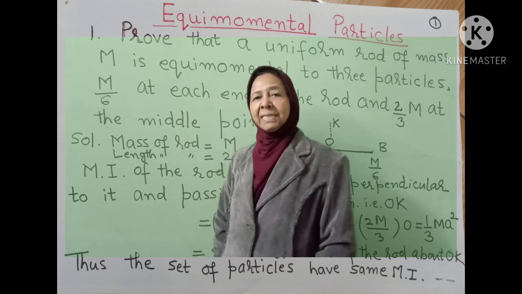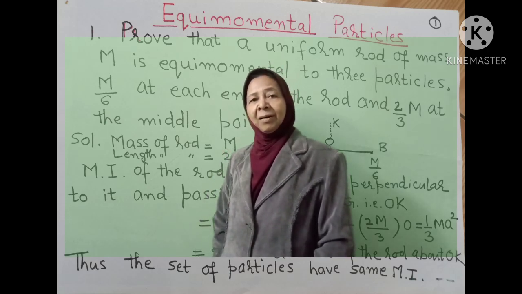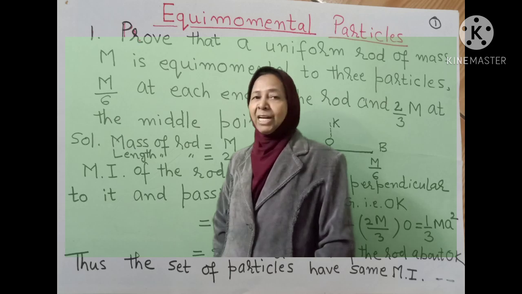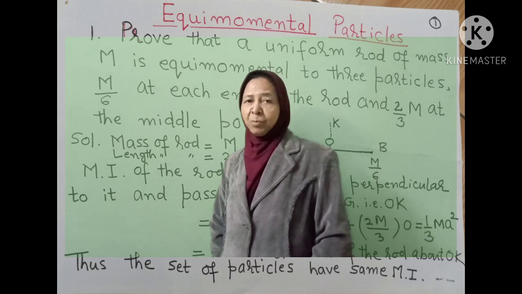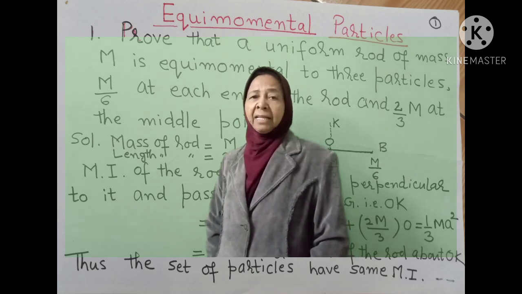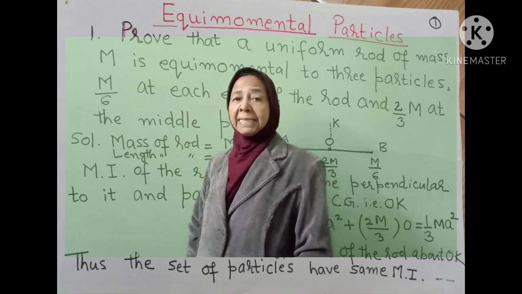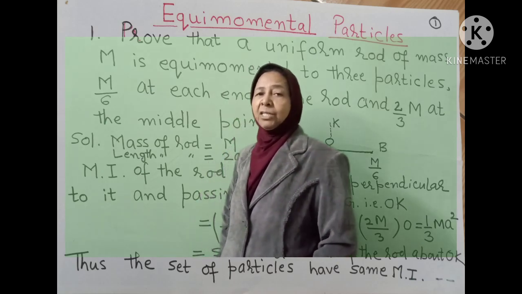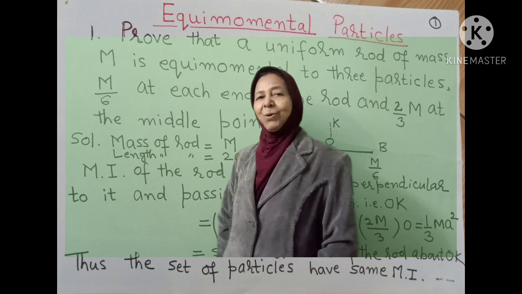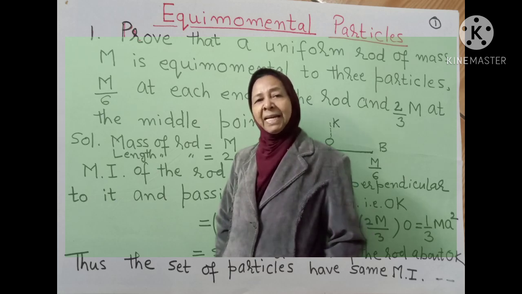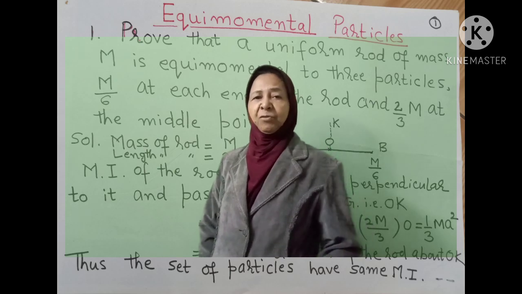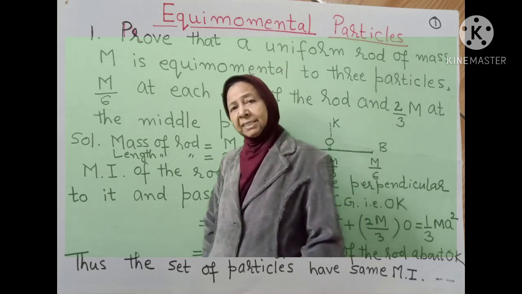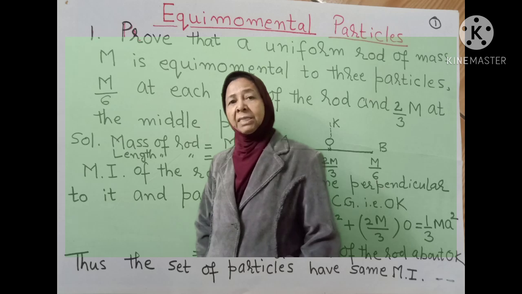Another mass is placed at B, m by 6 into a square, its moment of inertia. So that will be added to this moment of inertia. And the third mass is placed at the CG. It is 2m by 3. So its moment of inertia will be 0 because its distance from the CG, its distance from O is 0.